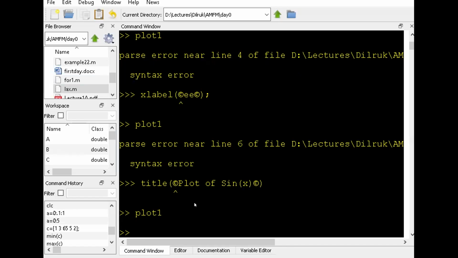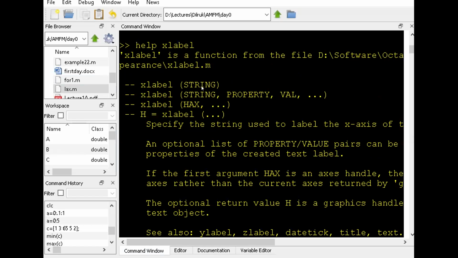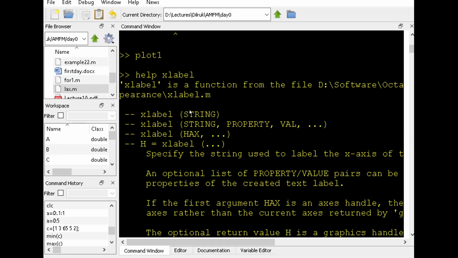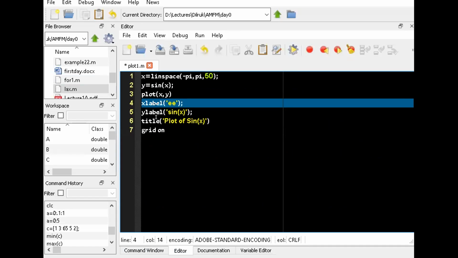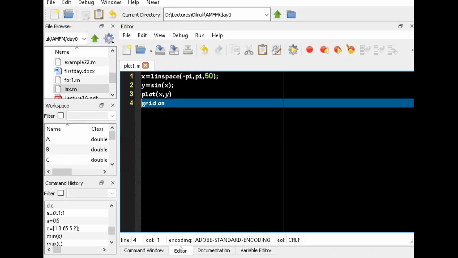You can handle this one, I think, right? Just type help. xlabel x. How do you do that? You can handle this one because you have experience. Yep, this is how you plot a graph, right? Grid on. I think this is the one. Yeah, this is the mistake, I think.